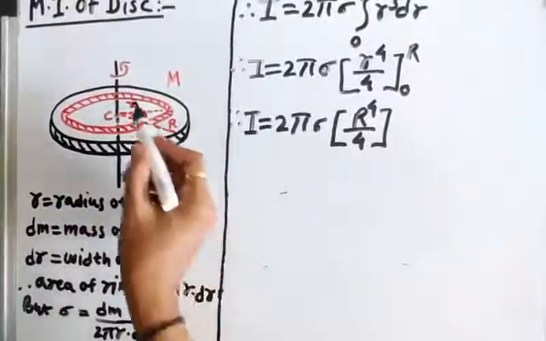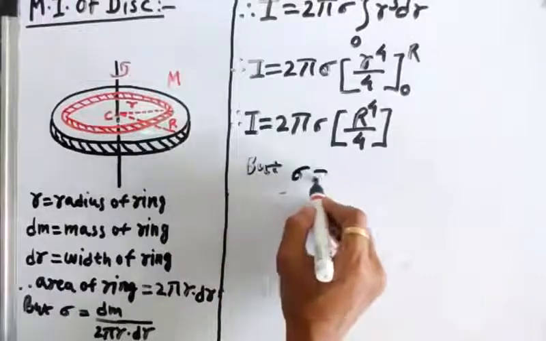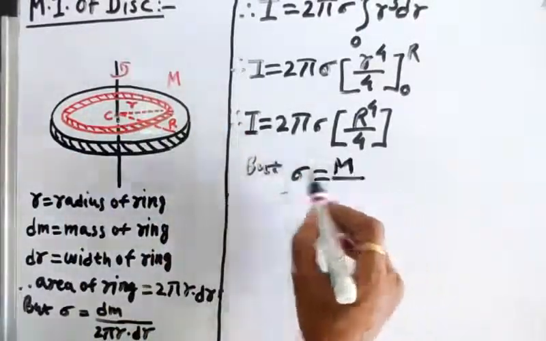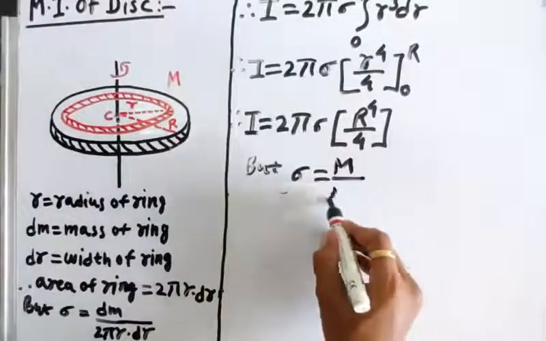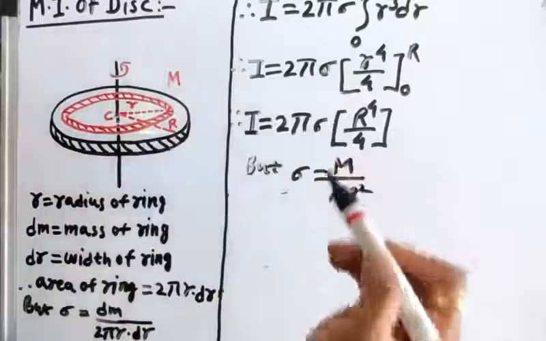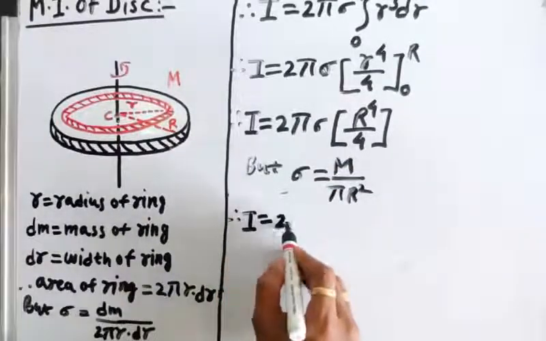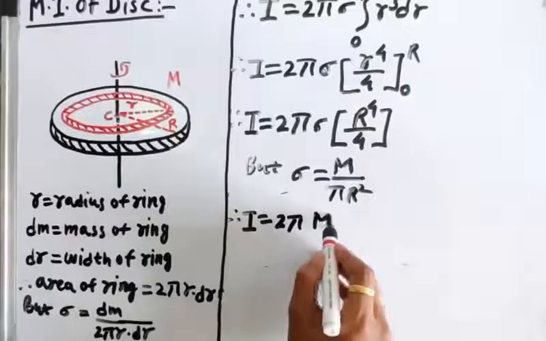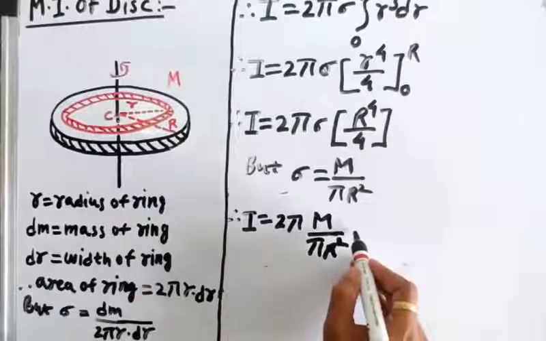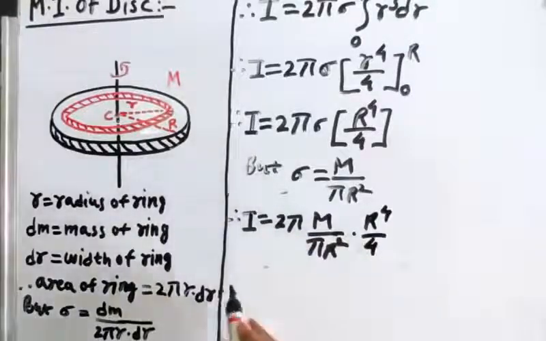But for the disk, this surface density sigma is equal to mass of the disk, that is M, upon area of the disk, that is pi R square. Substituting this value in this equation, therefore we are going to get I is equal to 2 pi into M upon pi R square into R raised to 4 upon 4.